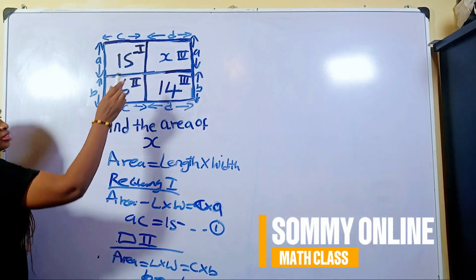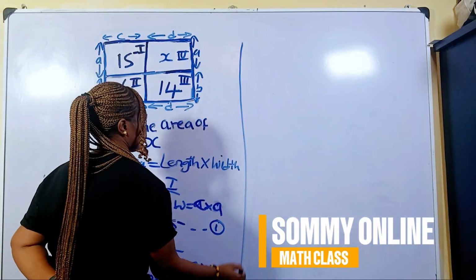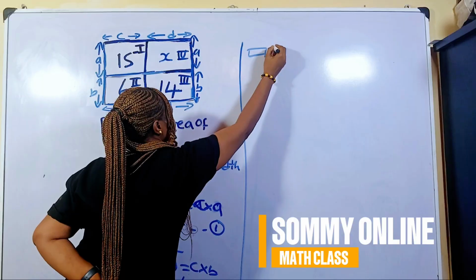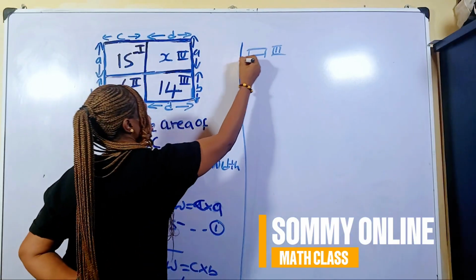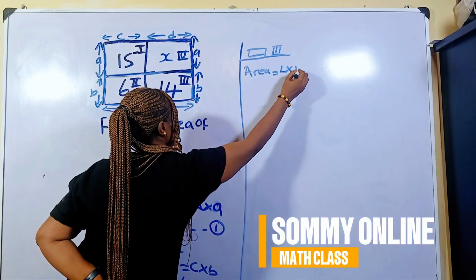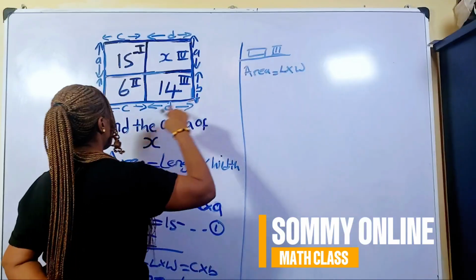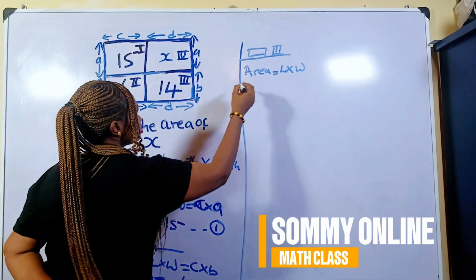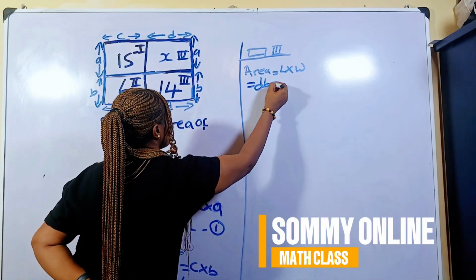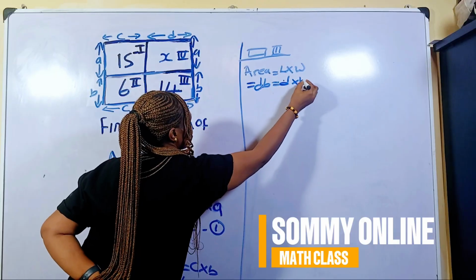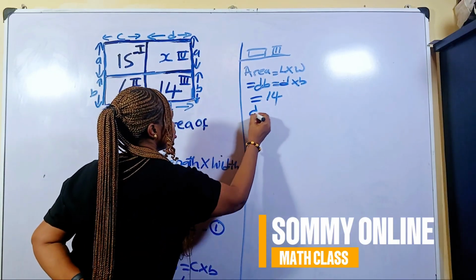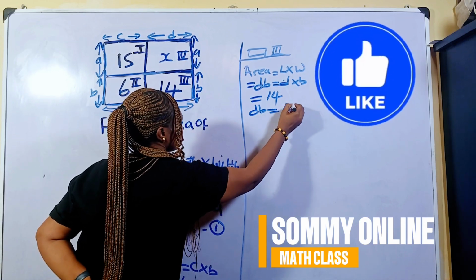So let's go to rectangle 3. The area is length times width, and length times width here is D multiplied by B, which will equal 14. Therefore, DB equals 14.